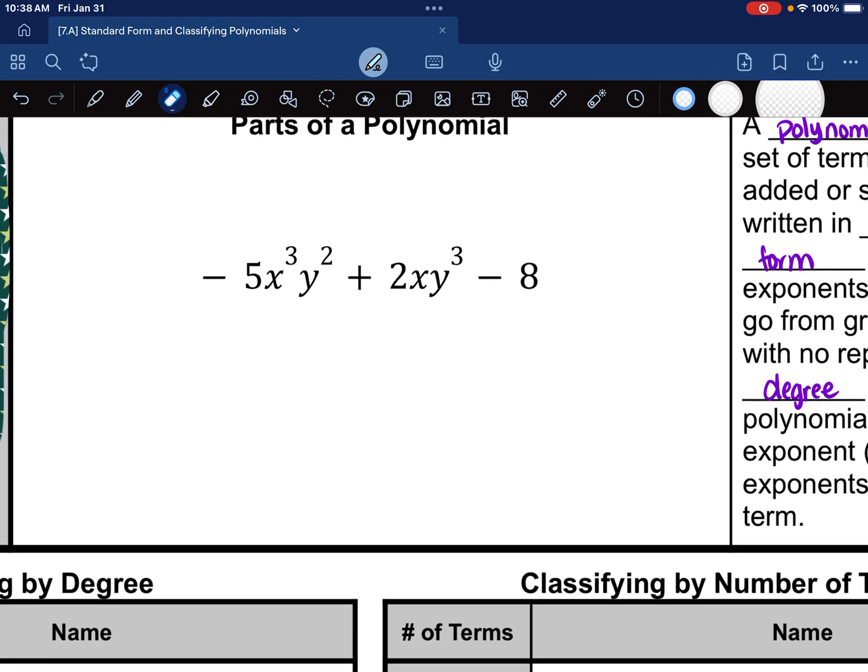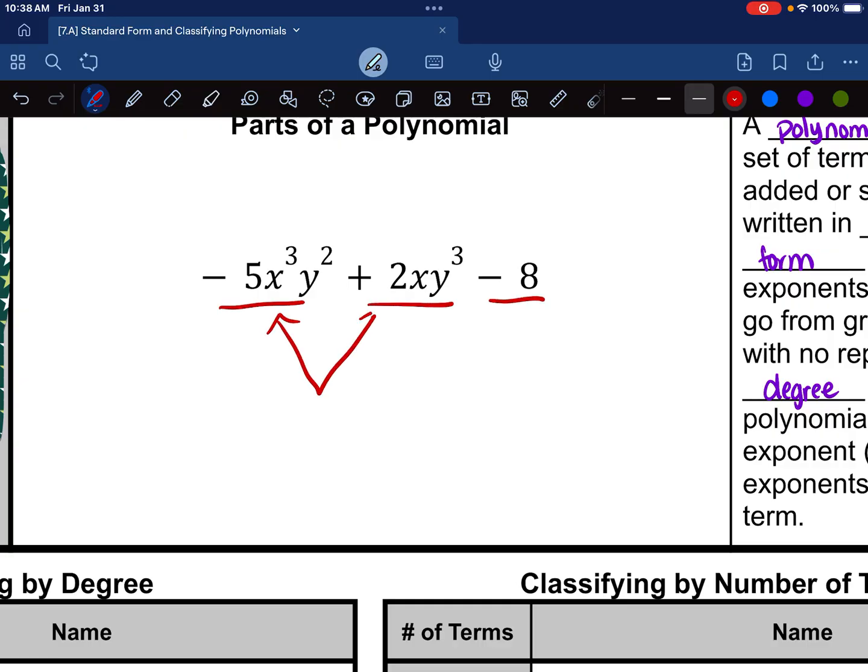All right, let's get some other definitions. So these are called terms. You know they're terms because they're separated by pluses and minus signs. The -5, the 2, the -8, those are called coefficients.